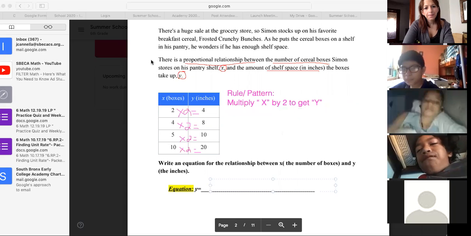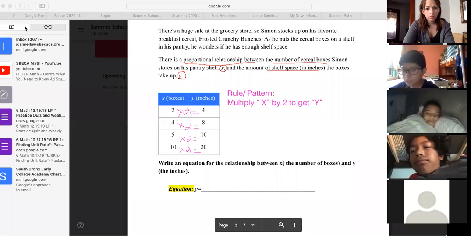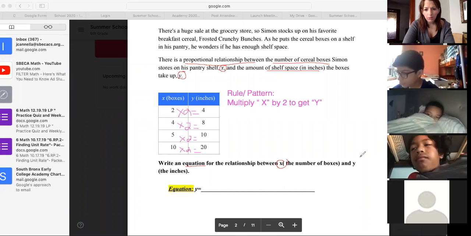Now, it says, you read it carefully, write an equation. So we know that an equation has an equal sign, yes? So an equation has to have an equal sign between X, which is the boxes, and Y, which is the inches.